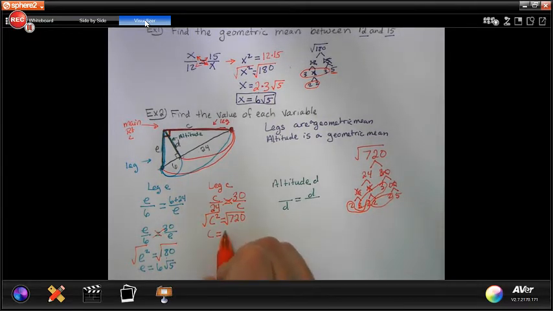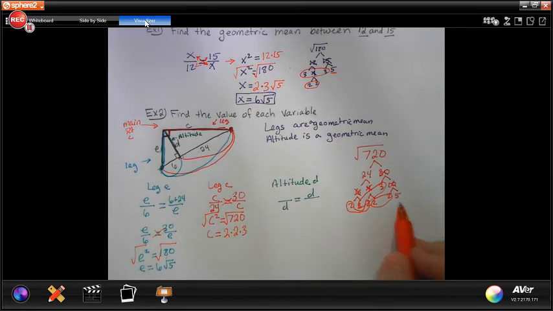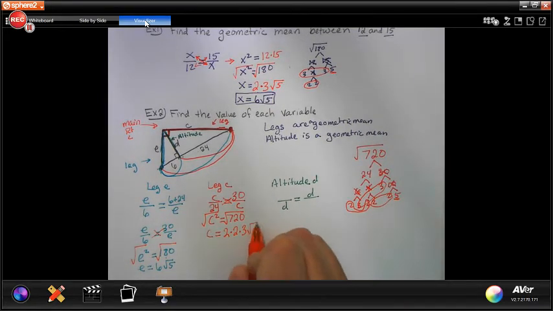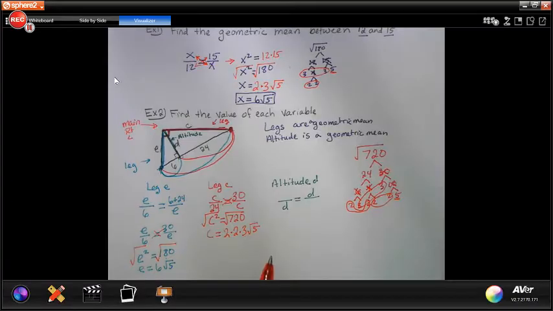So that's a 2 and a 2 and a 3, and this poor 5 is left behind. So 2 times 2 is 4 times 3 is 12. Then we get 12 radical 5. So that's the answer for C.